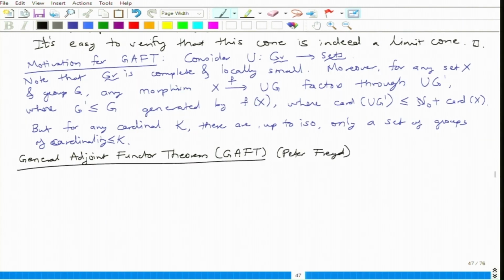It's interesting to check out the Wikipedia page for Peter Freyd. Freyd has proved many fundamental results in category theory.